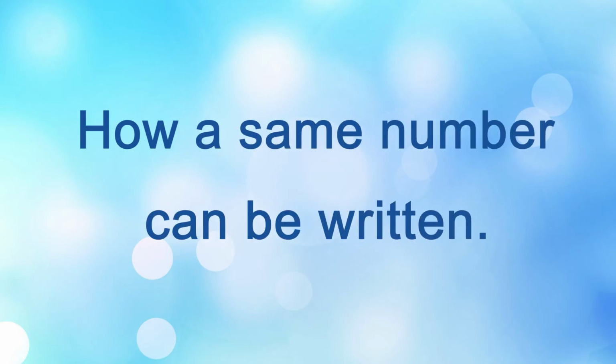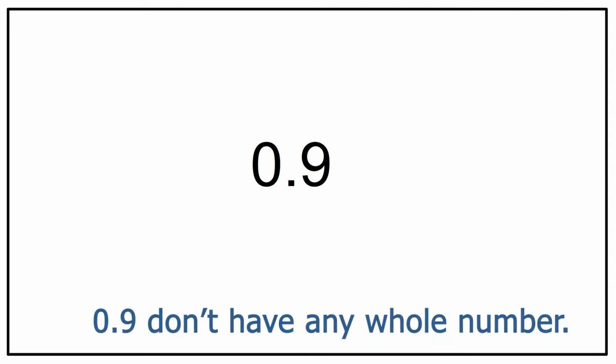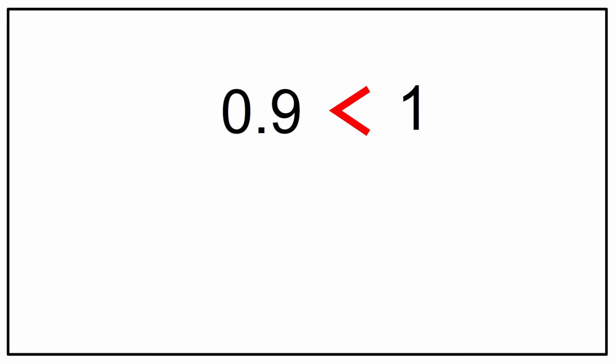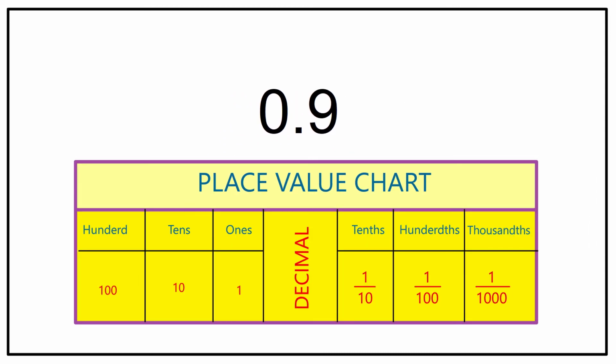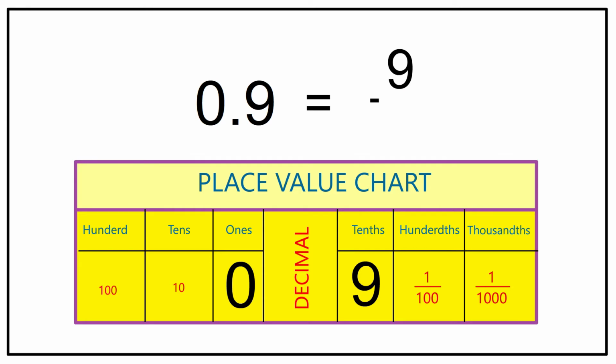So if you have a number, say 0.9, as we know with 0.9 you don't have any whole number, this is less than a whole number. So 0.9 is placed in the place value chart as 0.9, and since you have only one decimal place after the decimal point, it will be 9/10 in fractions. Let's see another number.